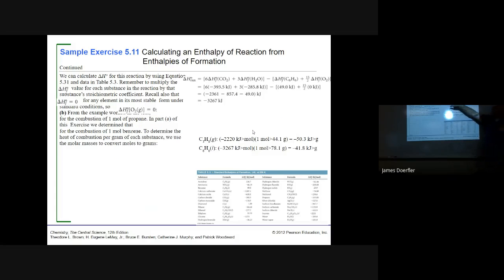So again, using Appendix C, you've got 6 CO2s and 3 H2Os as your products, minus C6H6 plus 15 halves of O2. So start looking these up. You'll notice that oxygen's present here. You're not going to worry about that. But since it's a combustion reaction, you're going to have some fairly large negative values here.